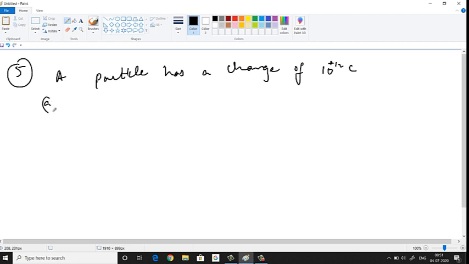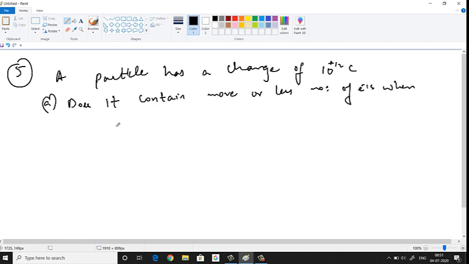What do you think? The first question is, does it contain more or less number of electrons when compared to its neutral state?